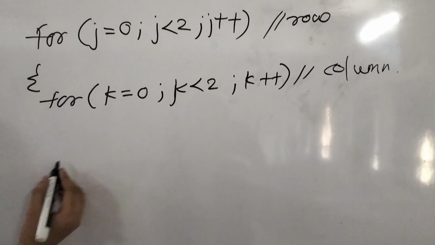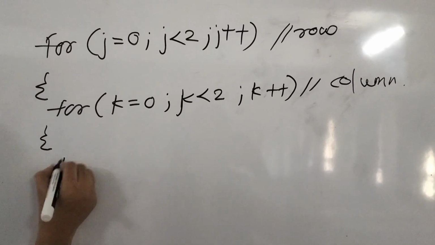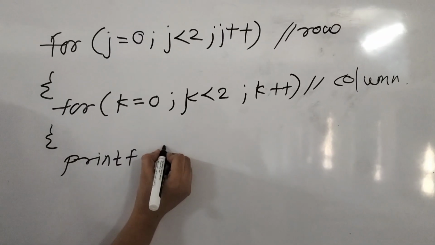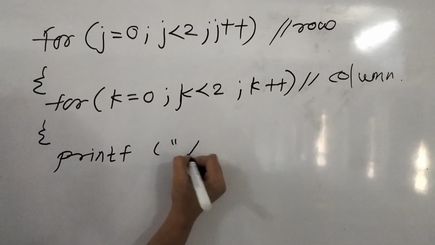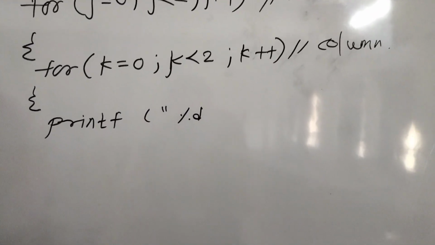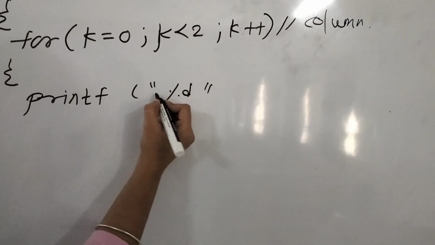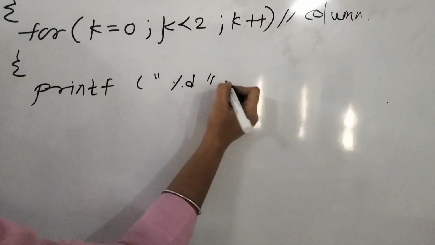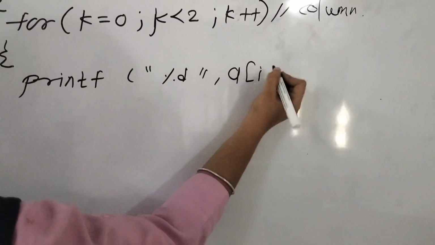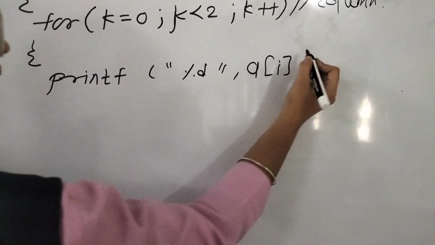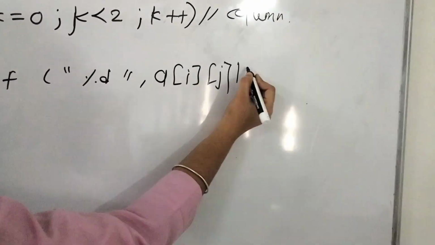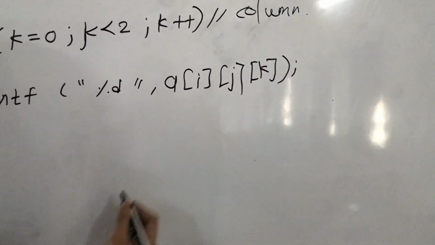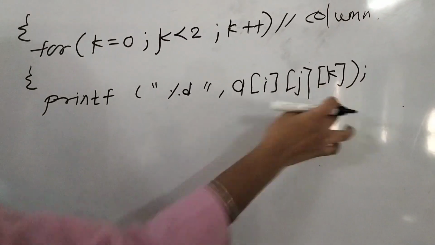So again open the curly bracket, printf. Write this in double inverted commas: %d. Always we write %d in double inverted commas. So give a comma and write a[i][j][k]. So complete the statement with a semicolon.